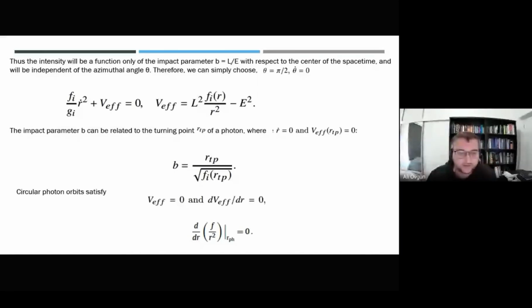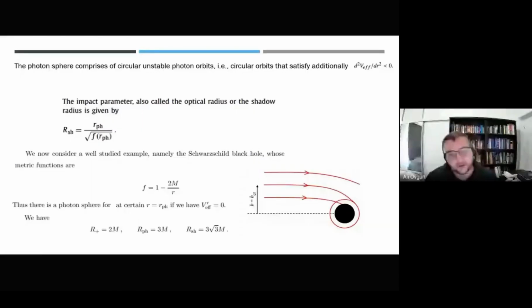You can calculate the radius of the photon sphere, and using the radius of the photon sphere, you can calculate the shadow radius. For Schwarzschild, the event horizon is only 2m, the photon sphere is 3m, and the shadow radius is 3√3m.